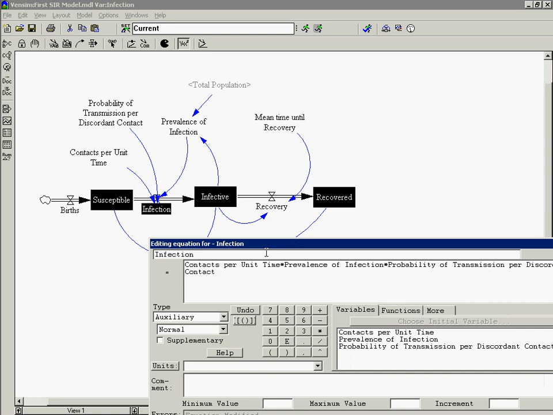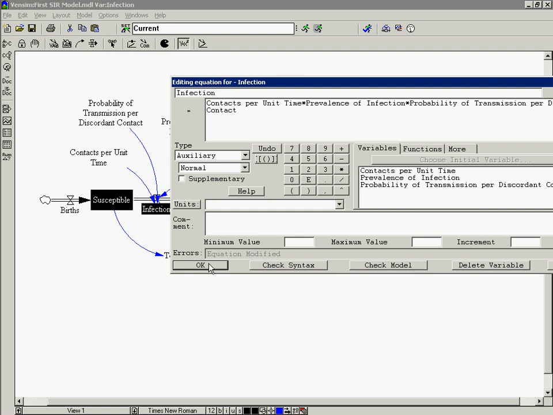Good. Excellent. So if that's the chance per unit time a given susceptible is going to get infected, how many susceptibles per unit time total are going to get infected? It is just the number of susceptibles who are at risk, right?